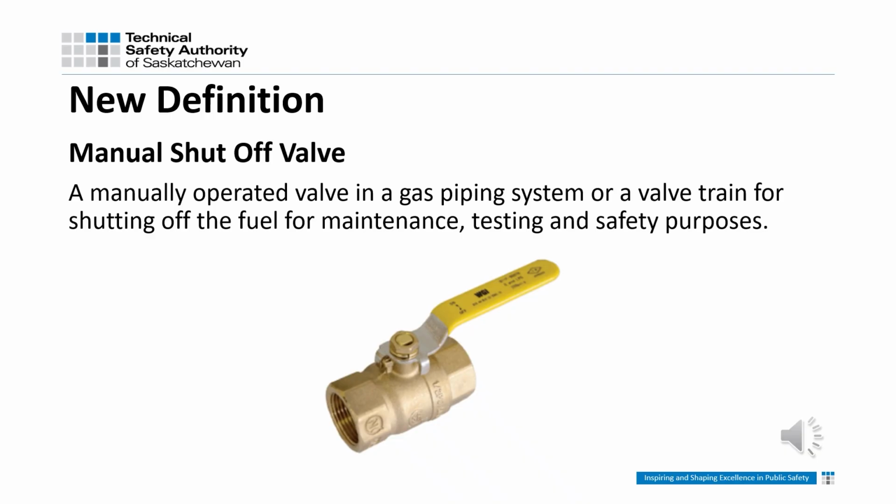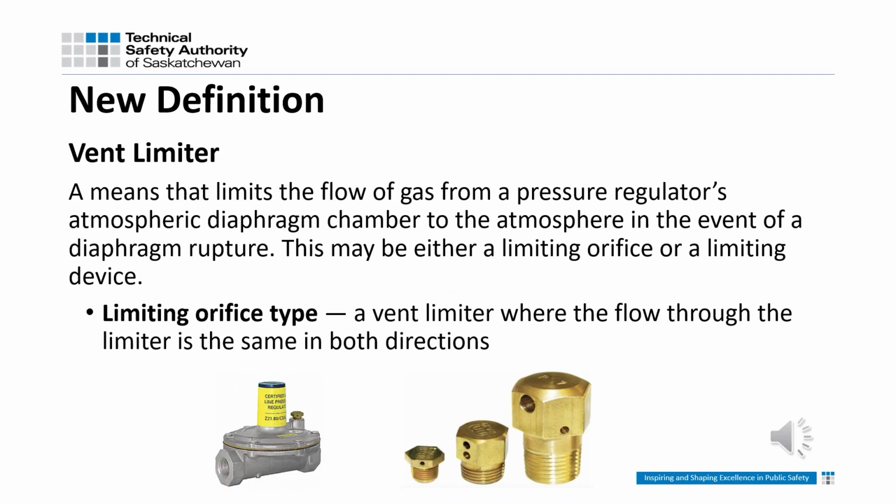The definition shown here, vent limiter, originates in CSA 6.22 line pressure regulators and CSA 6.3 gas appliance regulator, but adds a pressure regulator's atmospheric diaphragm chamber to provide context. In the certification standards, the required maximum venting capacity of all types of vent limiters are always the same, 2.5 cubic feet per hour for natural gas and 1 cubic foot per hour for propane.